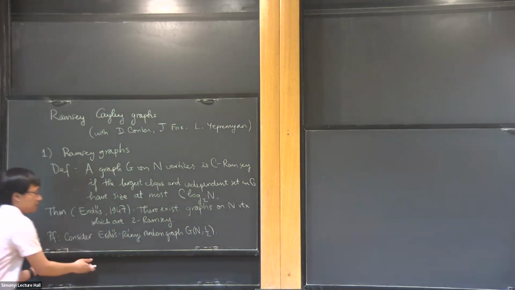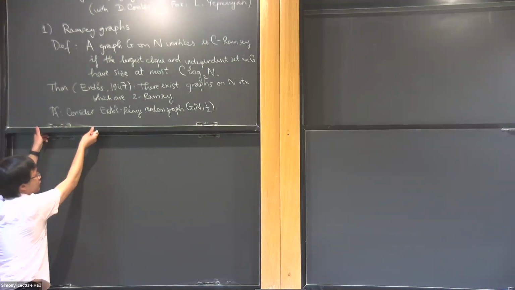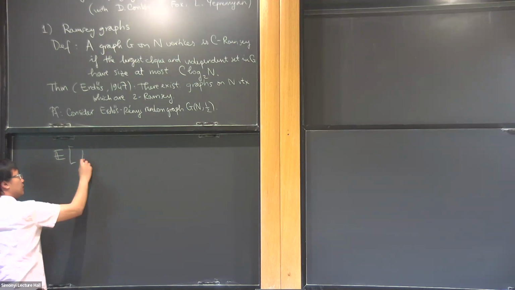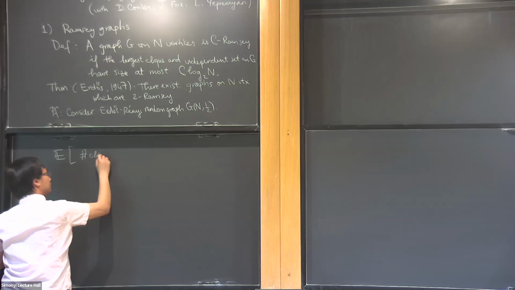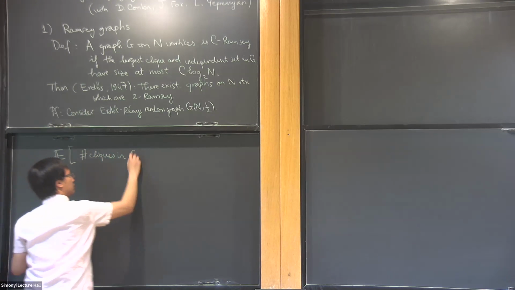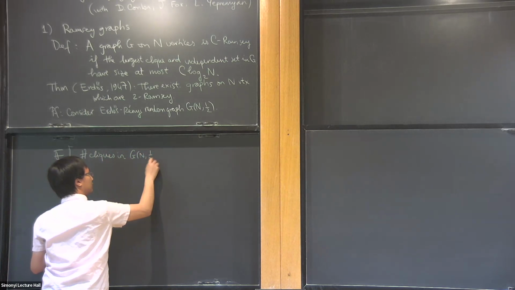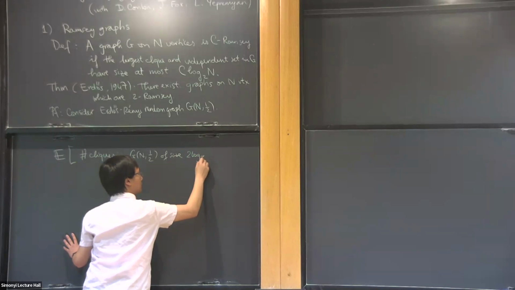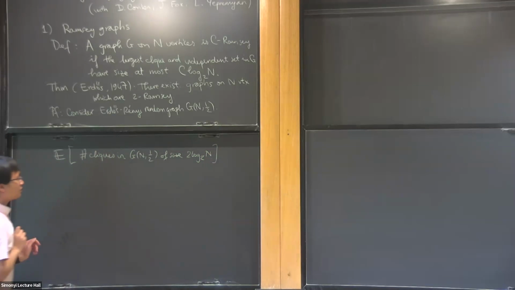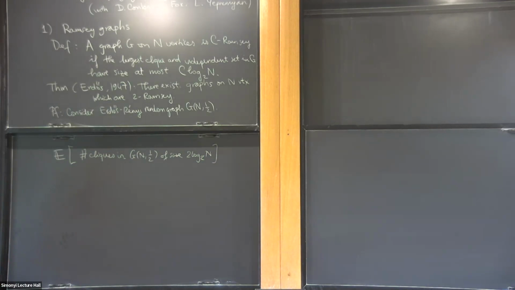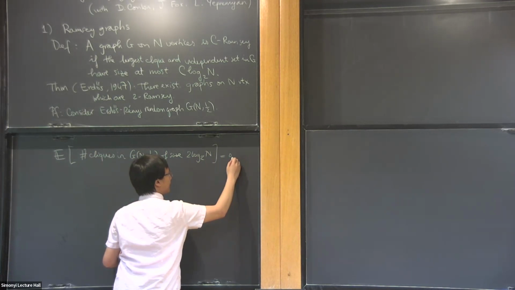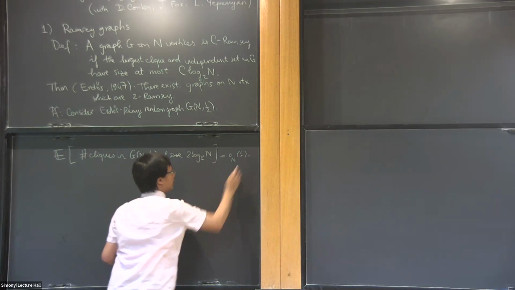Okay, and after that, all that we need to do is to compute the first moment, or the expected value, of the number of cliques in G(n, 1/2) of size 2 log base 2 of n. And by linearity of expectation, this will reduce quickly to an explicit calculation. I'll not do the calculation here, but the outcome of this is that for n large, this is going to be very small.